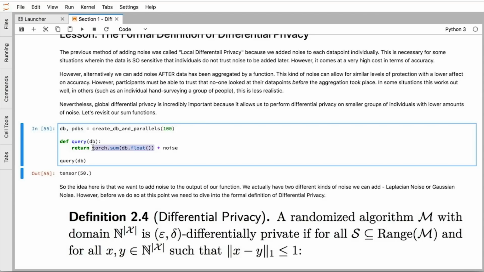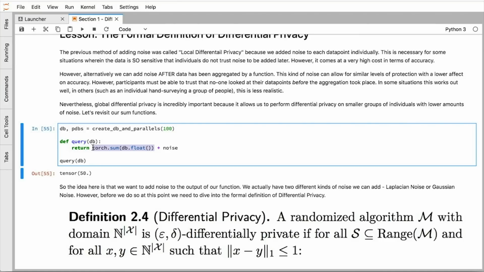And the better the chances are that you'll do things that actually reduce the amount of sensitivity and actually end up reducing the amount of noise that you have to add, giving you a more accurate result with less privacy leakage.